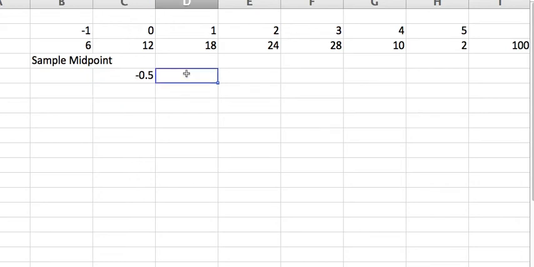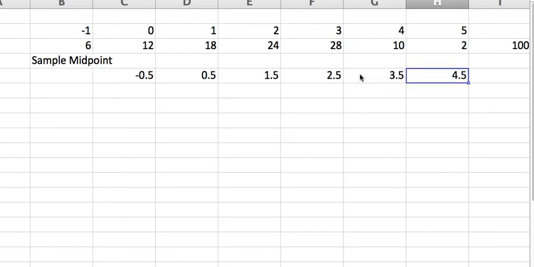Similarly here, it's 0.5, 1.5. So you find the number that's halfway between all of your sample locations. There you go.